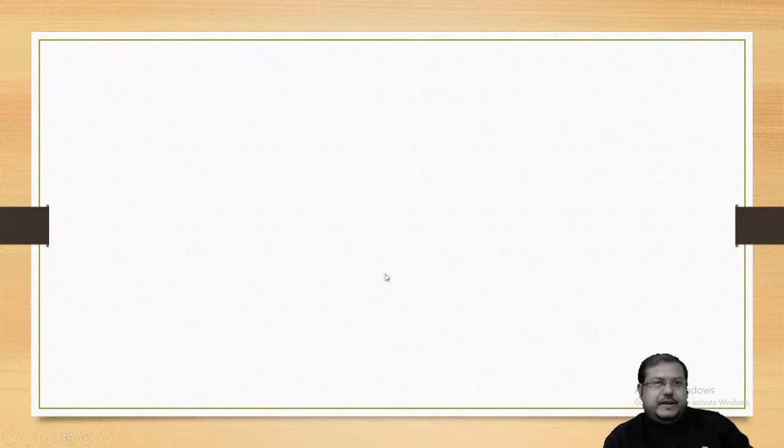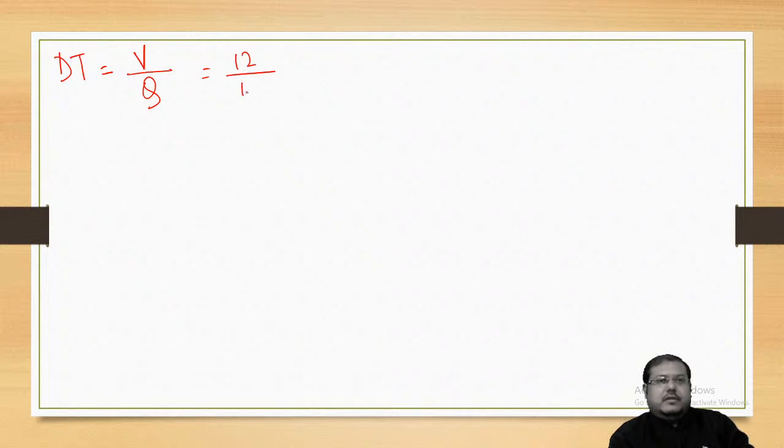So detention period will be volume by Q. So 4 into 2 into 1.5, that is 12 by 18 into 24 hours.